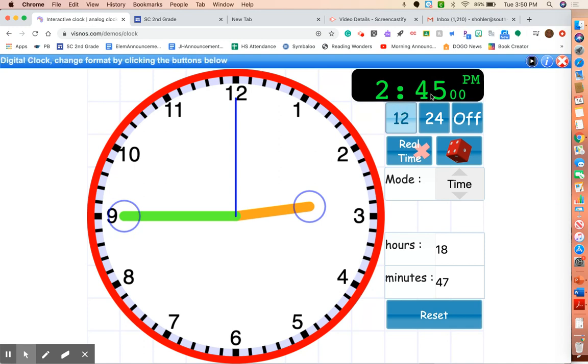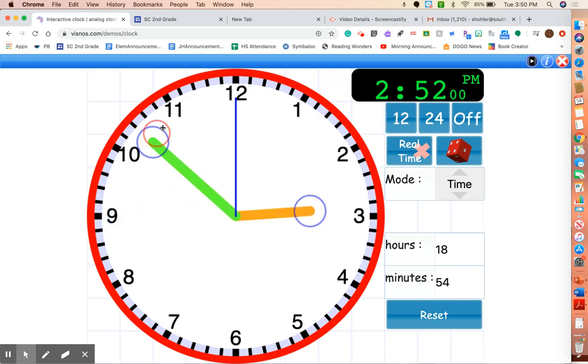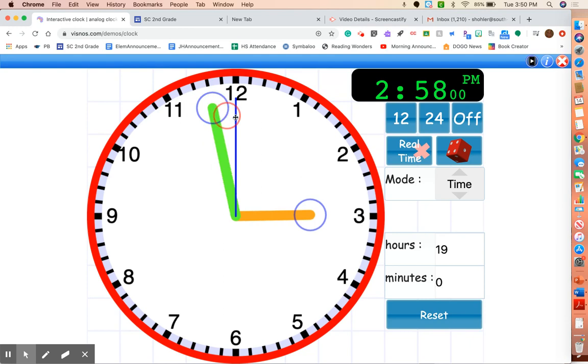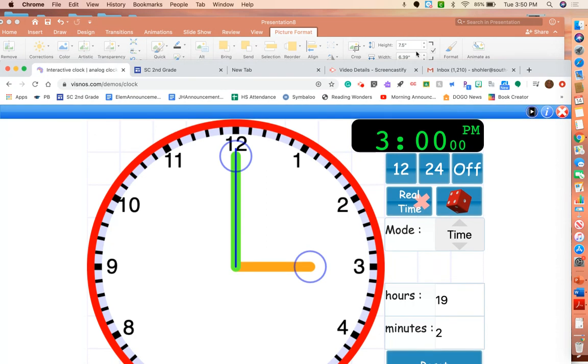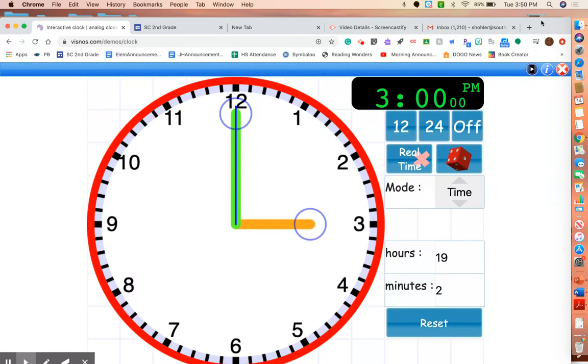Does anyone else know what this could be called other than 2:45? If you said quarter to 3, you are correct, because there is 1/4 left until it is 3 o'clock. Very good. I hope that you continue to look at the time. It's important for you to look at the time if you have an analog clock at your house.